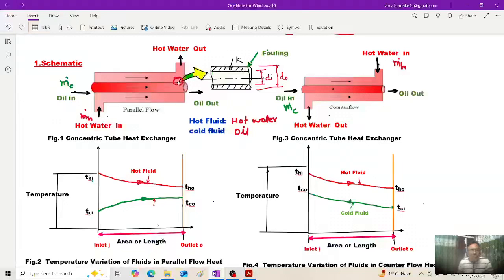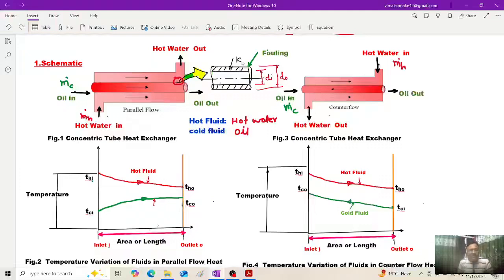If I draw the enlarged view of this surface of the inner tube, it will be represented somewhat like this. It will have inner diameter represented by Di and outer diameter represented by Do. The material of this inner tube will have finite thickness and will have finite thermal conductivity K.